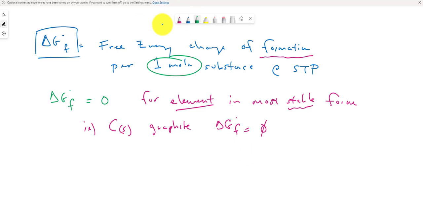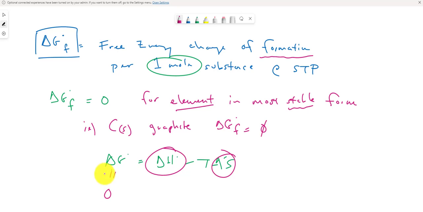And that fits with our other definitions, where delta G is equal to delta H minus T delta S. And if you think back to Chem 107, we said something similar for pure substances for delta H. And for the third law of thermodynamics, we would say that the entropy is zero as well for the purest form of that crystal, so it makes sense that this is zero.